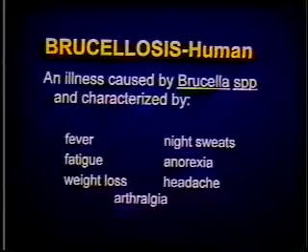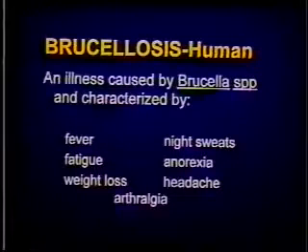Brucellosis, a disease that is found in most of the countries of the world, and in humans takes a different form primarily than it does in animals, where it is a reproductive disease and it's characteristic by abortions.